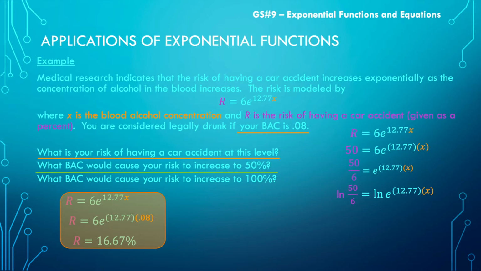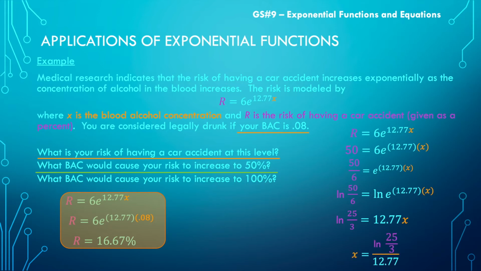But we know that ln of e is a cancellation, and so we would just be left with 12.77x is equal to ln of 25 thirds. And so we can isolate x by dividing both sides by 12.77.